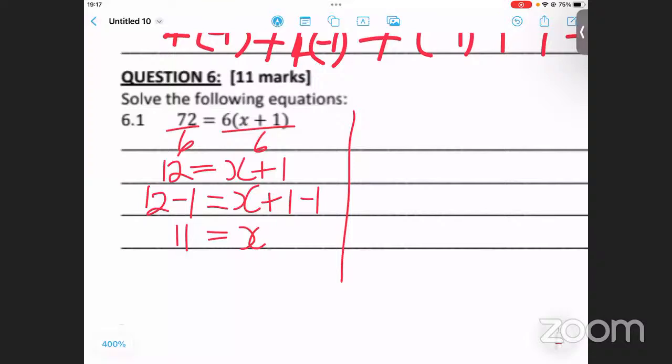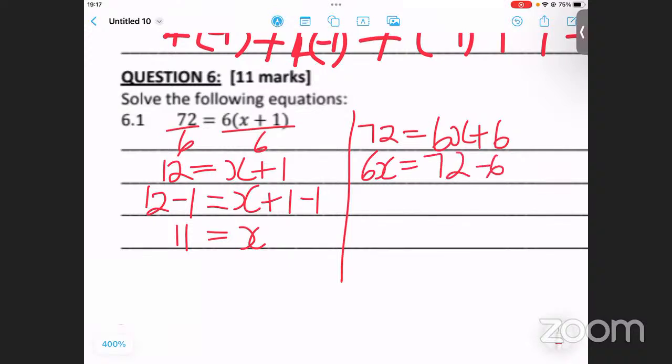Ma'am, I used a distributive method. So I said 72 is equal to 6x plus 6. Then I put numbers on one side and variables on the other side. Then I got 6x is equal to 72 minus 6.